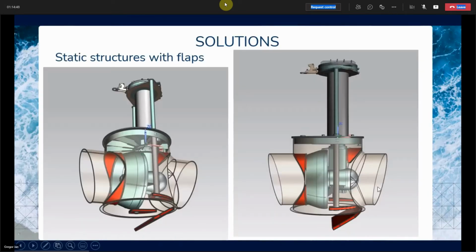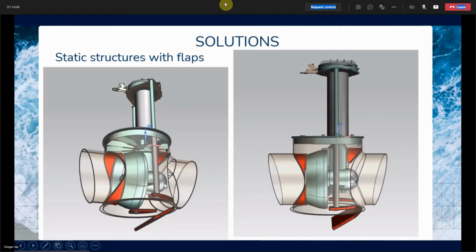We made some improvements to the construction and used a combination of static structures and a movable flap. The flap is open when the thruster is in open water mode, and closes the bottom well when the thruster is retracted back.